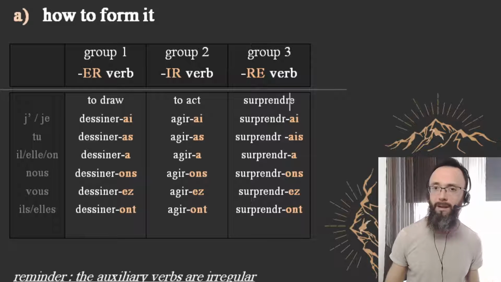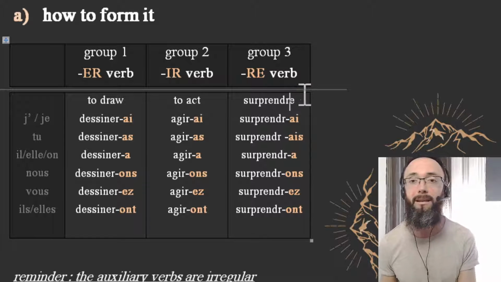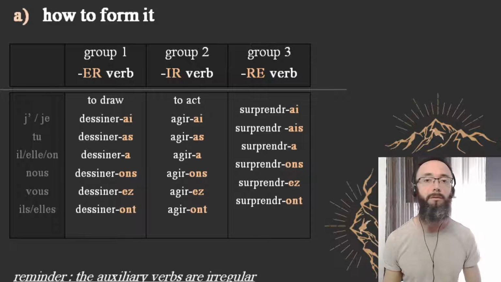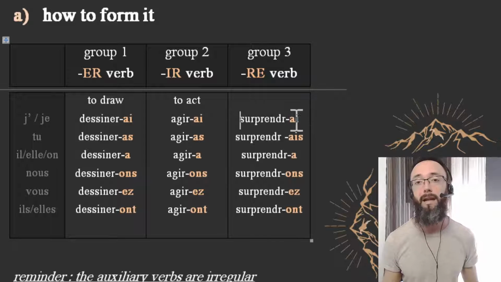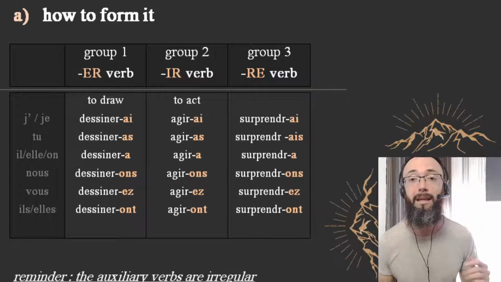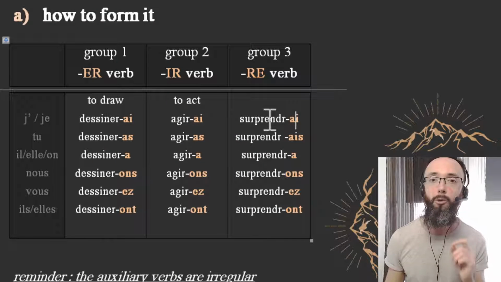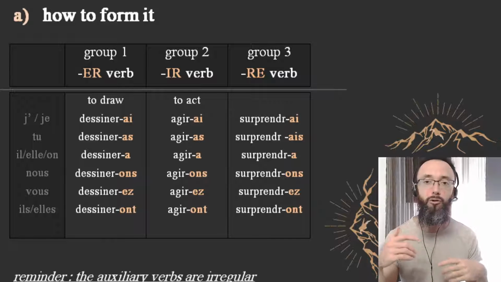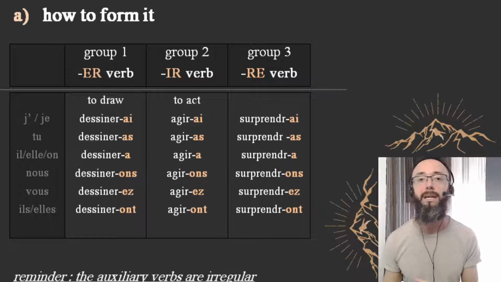So when you have that kind of verb and you spot that it's a group 3 verb, and it ends with an E, you can just assume that the E is going to disappear and add the corresponding future simple ending immediately to that, and then you'll get the future simple, and that's how it goes. Surprendrai, tu surprendras, il, elle, on surprendra, nous surprendrons, vous surprendrez, ils, elles surprendront.